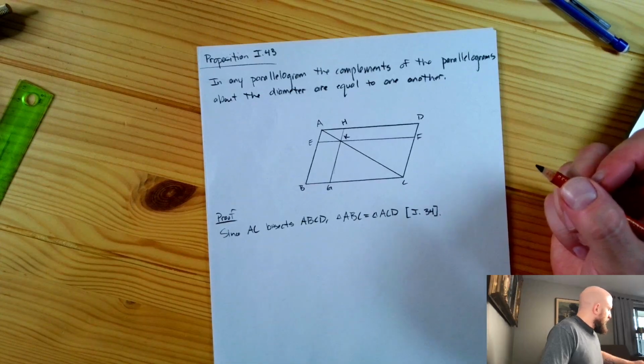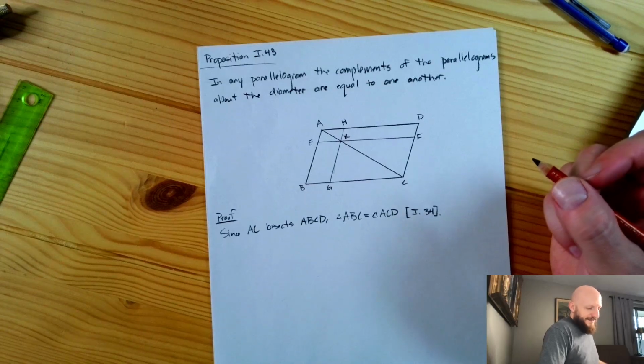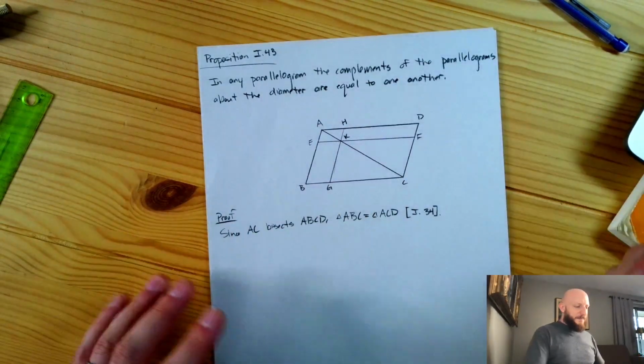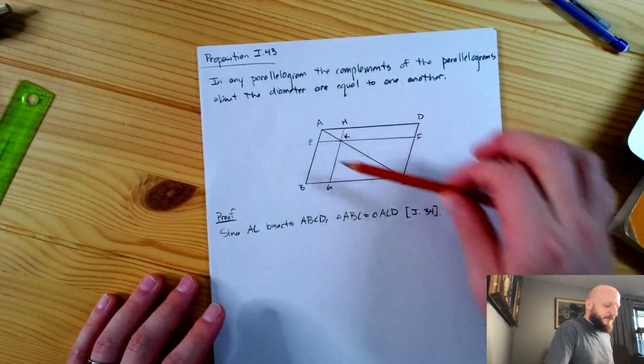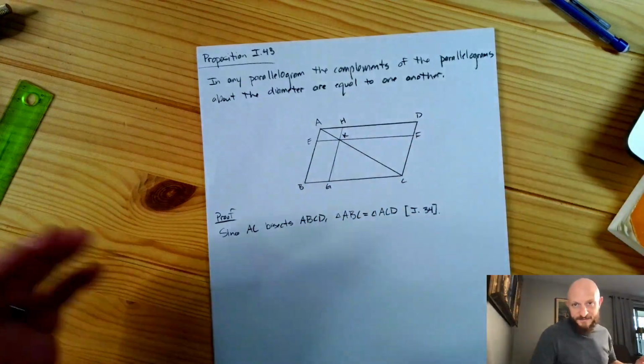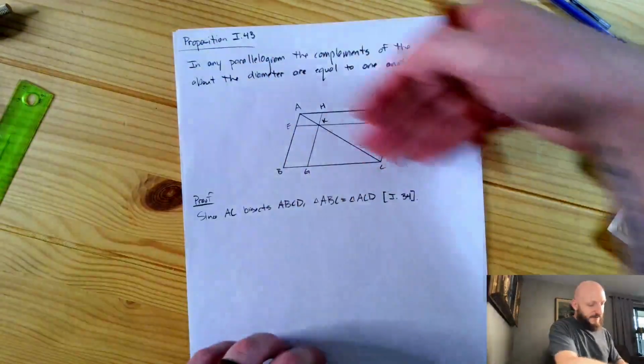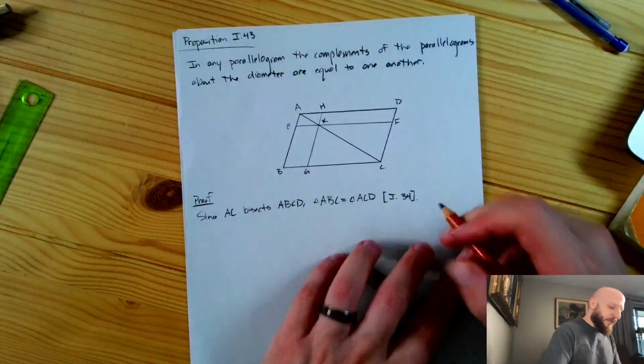Right. Okay, and then we do similar reasoning along down the line, because we have a handful of different parallelograms. There are 1, 2, 3, 4 parallelograms inside of ABCD. 2 of those parallelograms are being bisected by that same line AC.